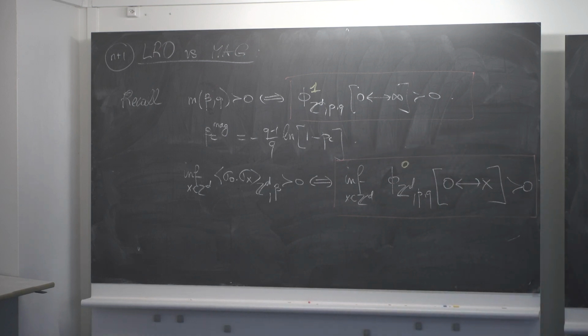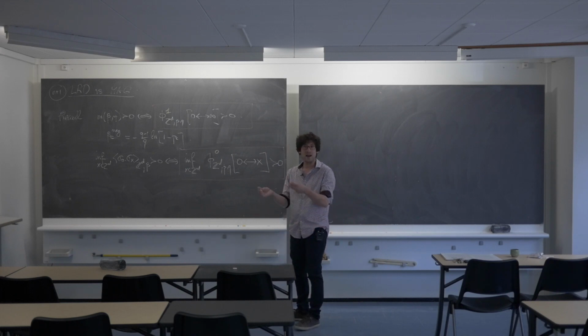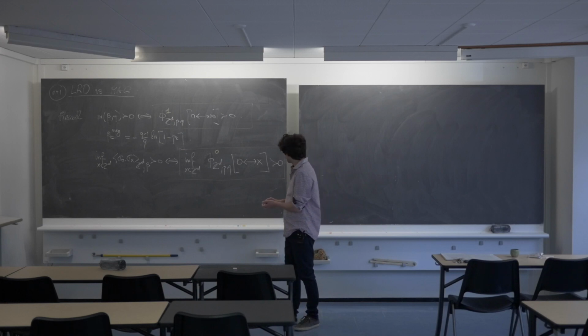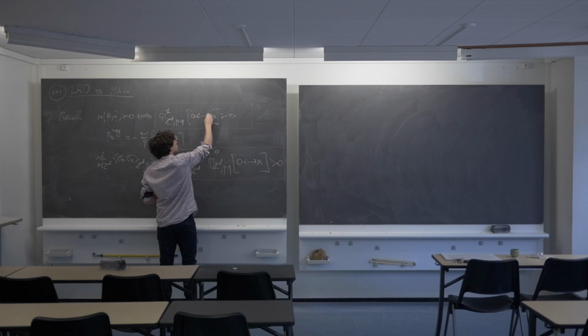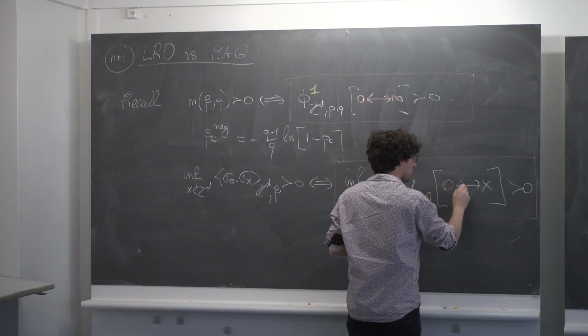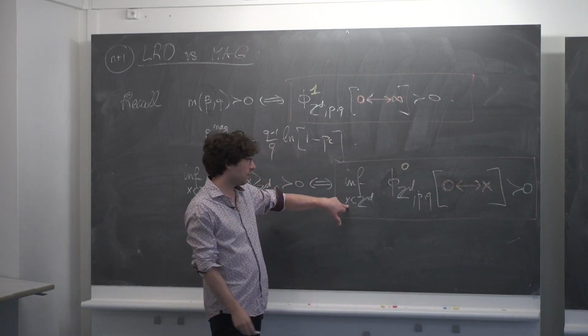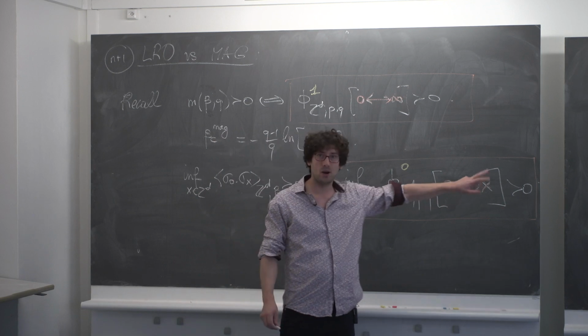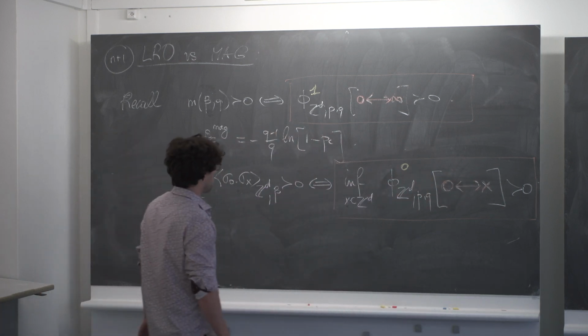This is the first distinction, and notice that these two measures have a priori no reason to be equal, so they may have very different behavior. The second thing is that here we are looking at 0 connected to infinity, while here we are looking at 0 connected to x. But we are looking at the infimum over x, so x could be farther and farther away from 0.